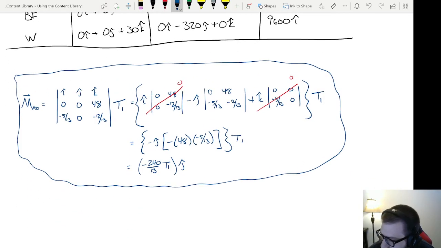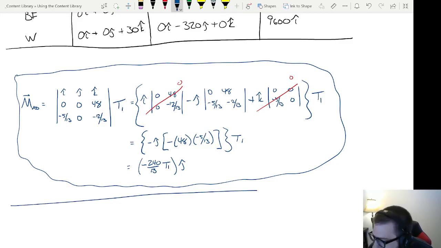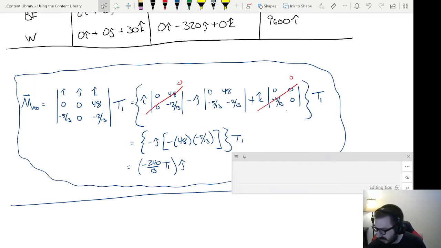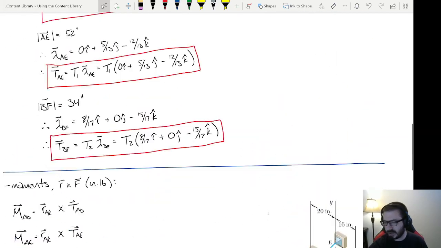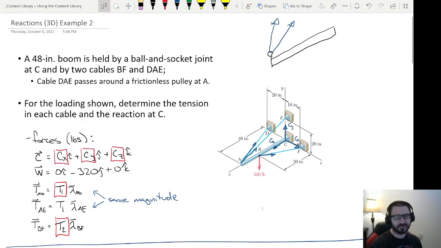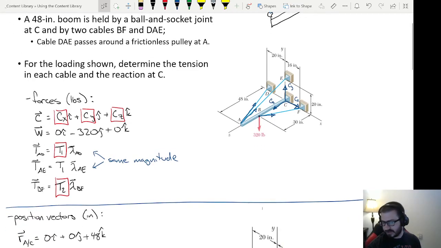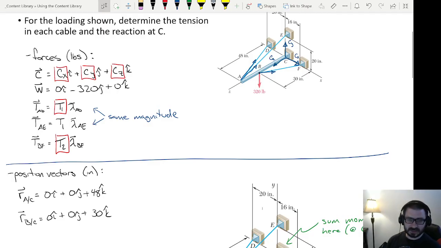Okay. So where are we at in the problem? Let's scroll up and down, and make sure that we're clear on what we've done from start to finish. So here's the problem. The first thing that we did is we wrote out all of our forces. We had to do some work to describe those unknowns, but ultimately we've described the unknowns, then we described the position vectors.